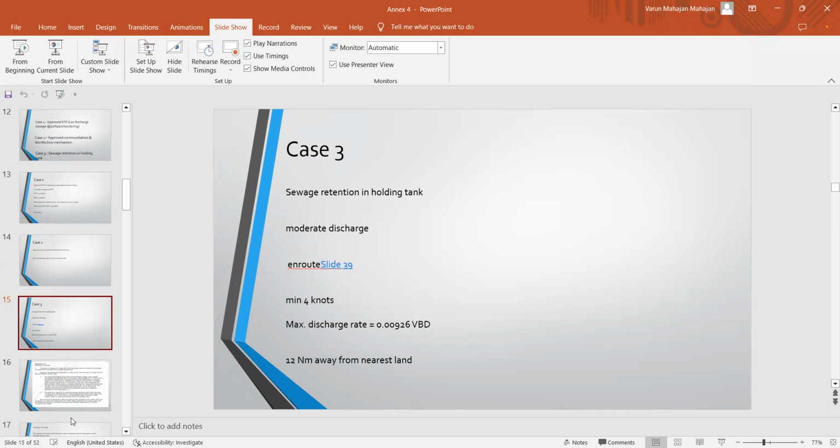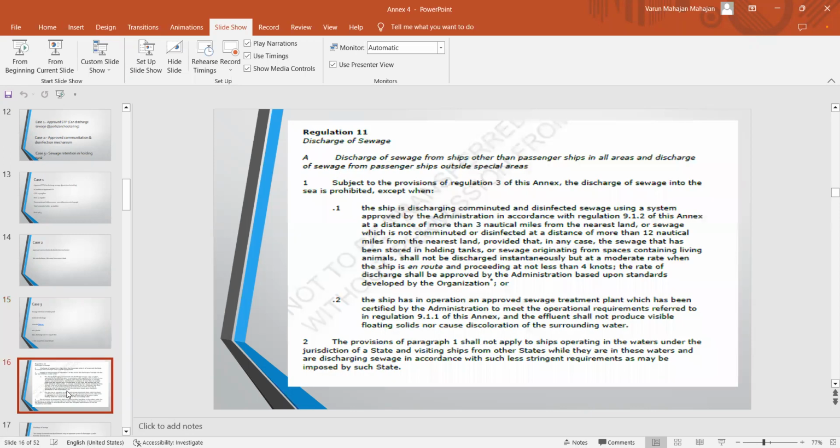Okay. So in this manner, they have written in your MARPOL regulation number 15, the discharge of sewage from ships other than passenger ships. So basically, now we get to know that from other ships we can discharge in all areas. You can see the discharge of sewage from ships other than passenger ships in all areas.